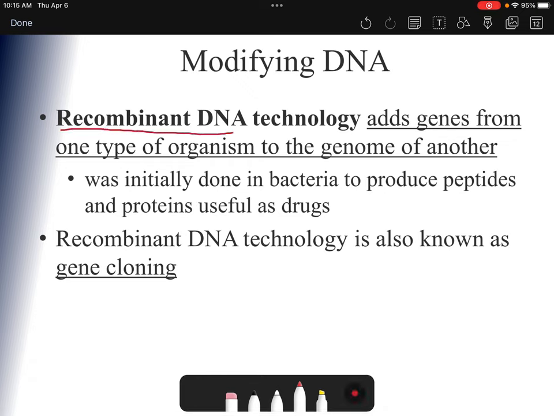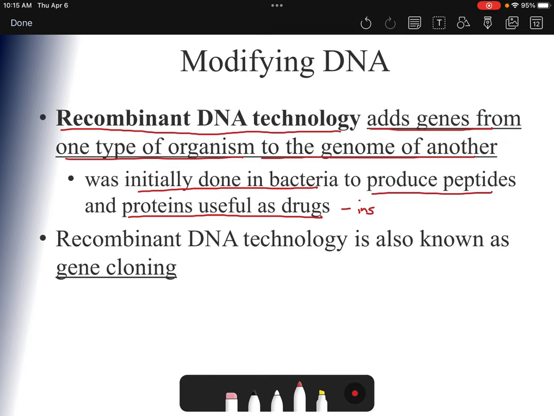So recombinant DNA technology then adds genes from one type of organism to the genome of another. This was initially done in bacteria to produce peptides and proteins useful as drugs. One of the main ones that we still use today is insulin, because we used to have to either get it from pig pancreases or cadavers or things like that.